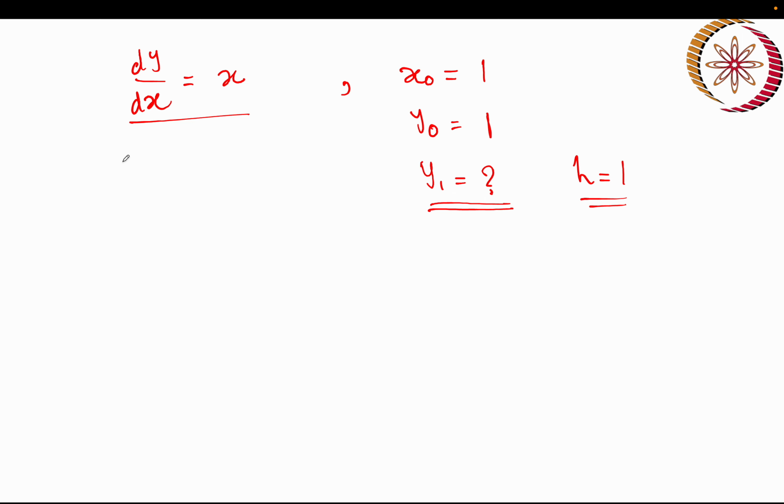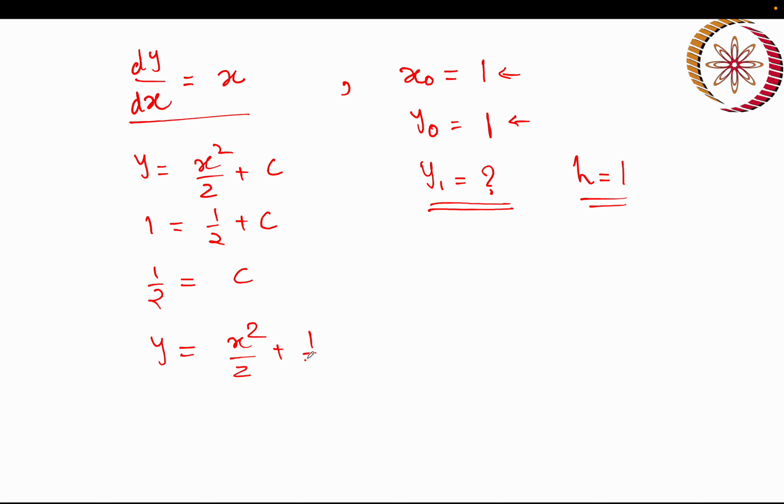If we integrate this, y is equal to x square by 2 plus some constant, and if we substitute these values, 1 is equal to half plus c, so c is equal to half, so y is equal to x square by 2 plus half.